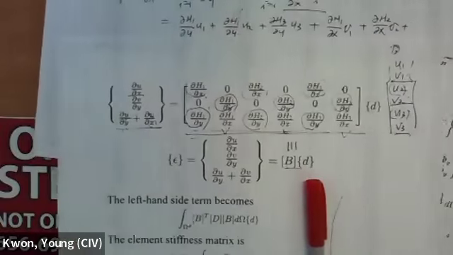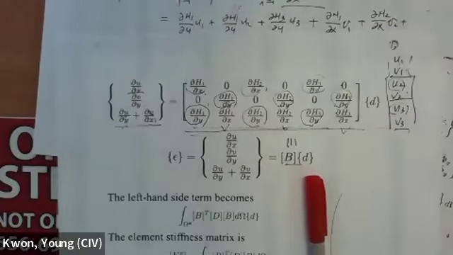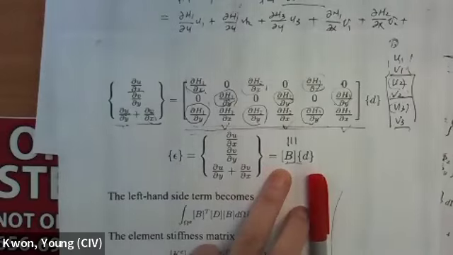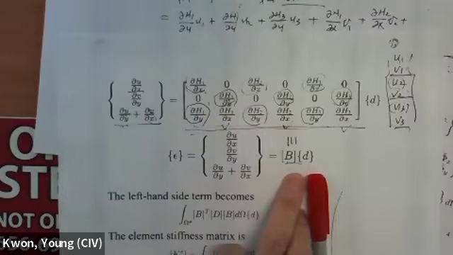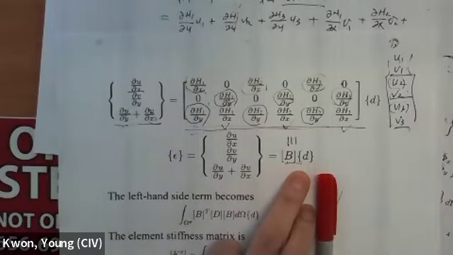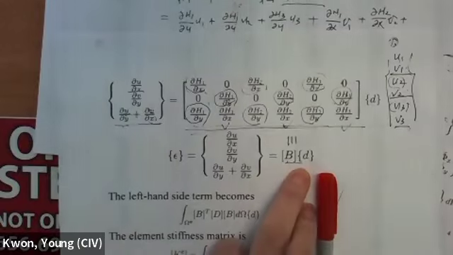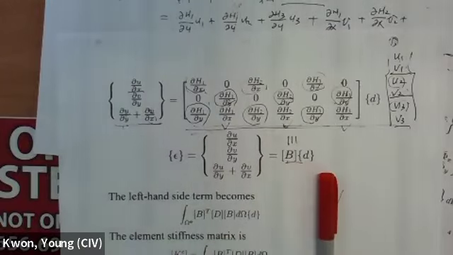Once you decide that, then you should be able to determine what size matrix B is, as well as, of course, the column vector D. All right, so this depends on, first of all, the dimension of the problem. Is it a 1D problem, 2D problem, or 3D problem?